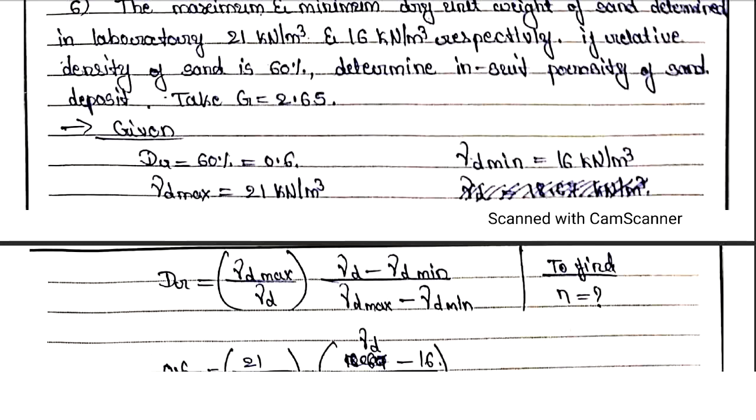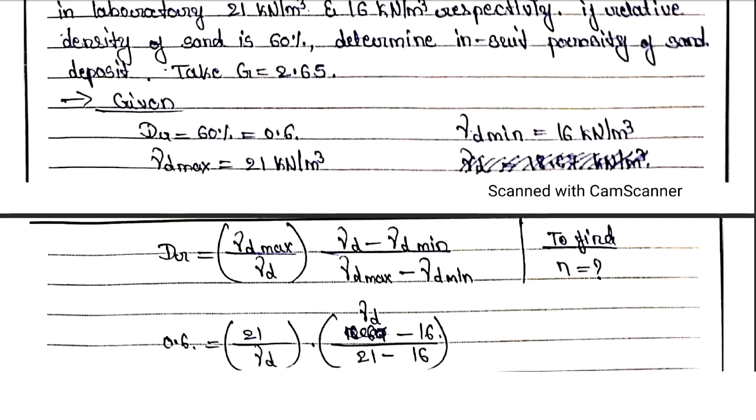According to the formula of relative density, that is γd minus γd minimum divided by γd maximum minus γd minimum. We need to find out the porosity which they are asking.